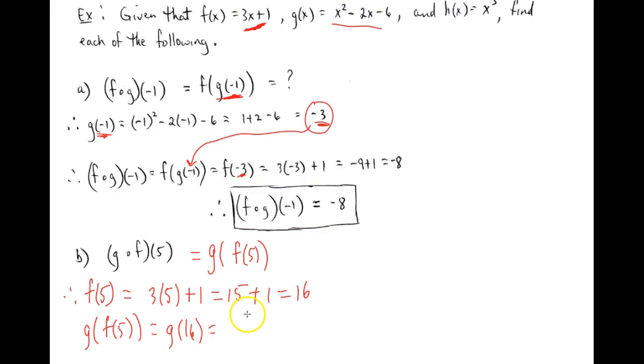For g, we have our quadratic function here. So that will be 16 squared minus 2 times 16 minus 6. All we need to do from this point is work out what this is going to be. 16 squared will end up being 256.